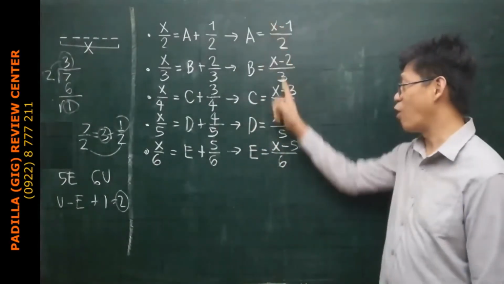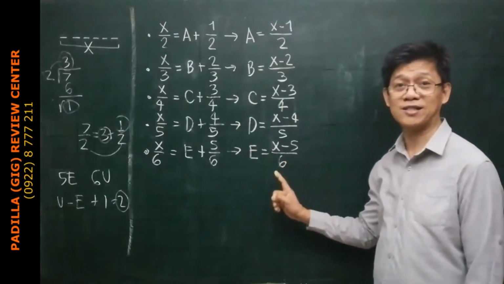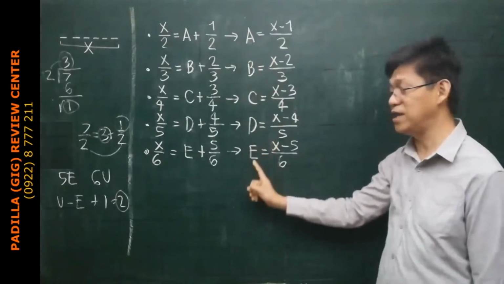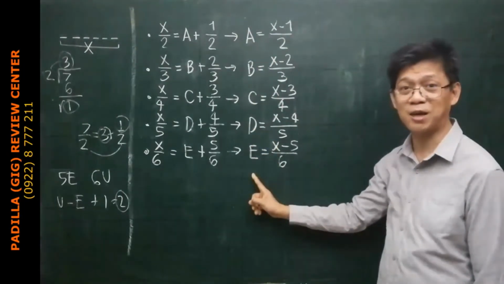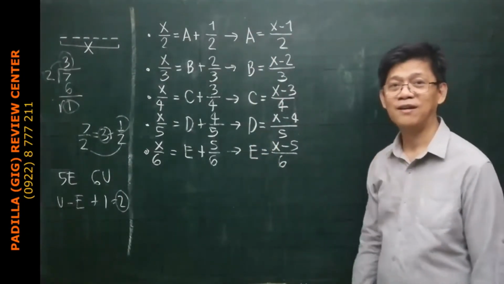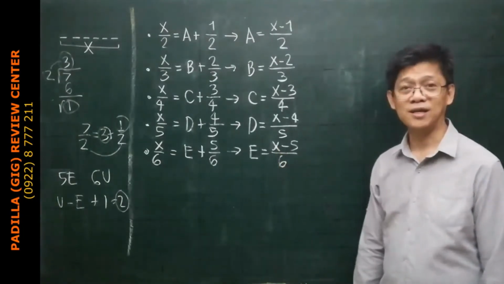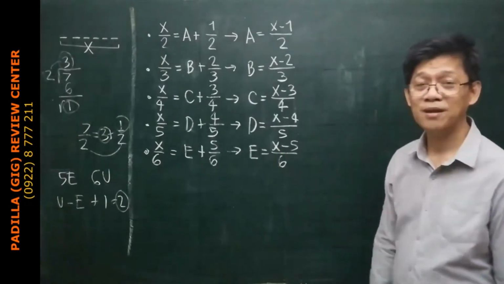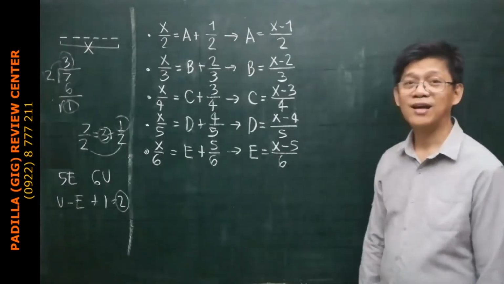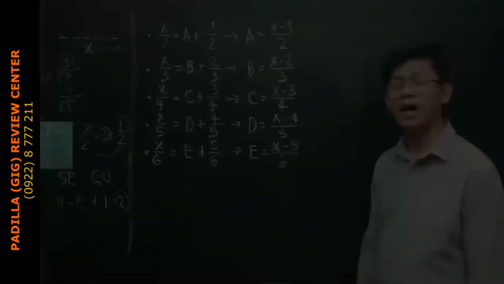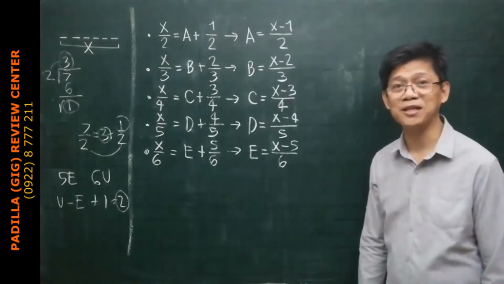We substitute here whole values for X. The value of X that will give whole values for A, B, C, D, and E all at the same time is our acceptable value of X and respective values of A to E. Pero ang problema dito, pag nag-substitute tayo, there are too many substitutions. Kahit mode table pa ang gamitin natin.